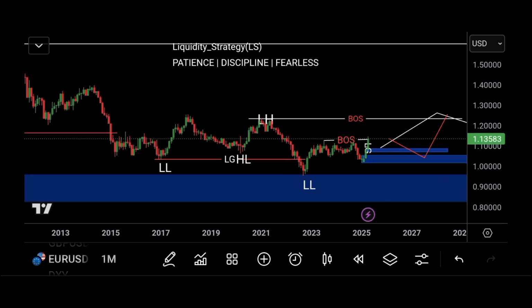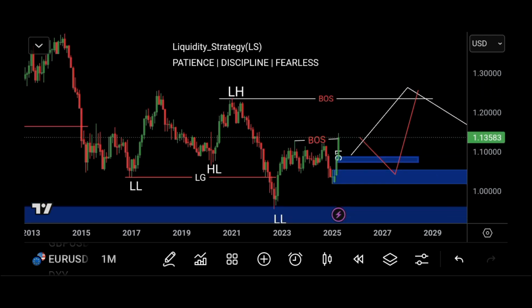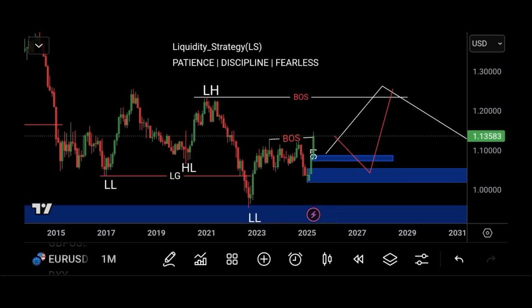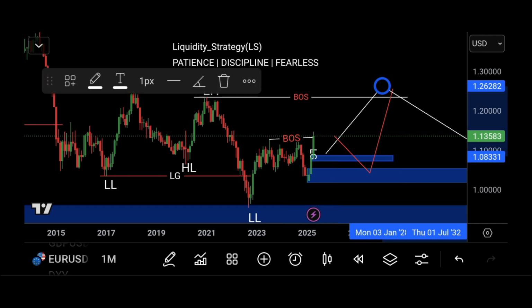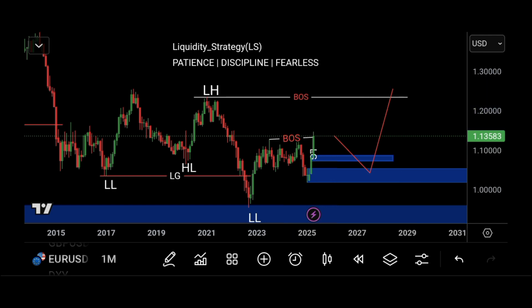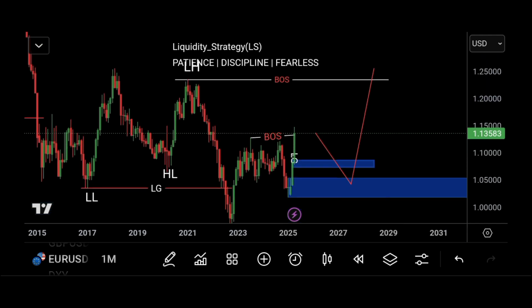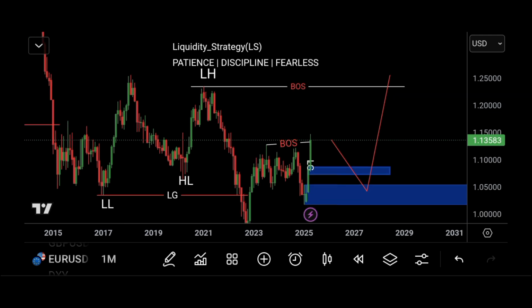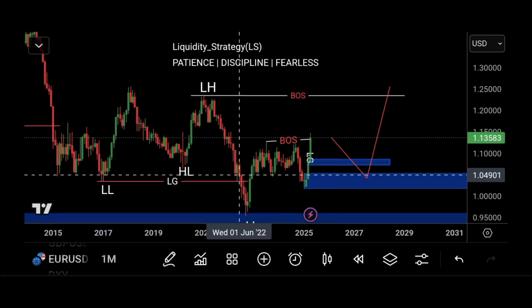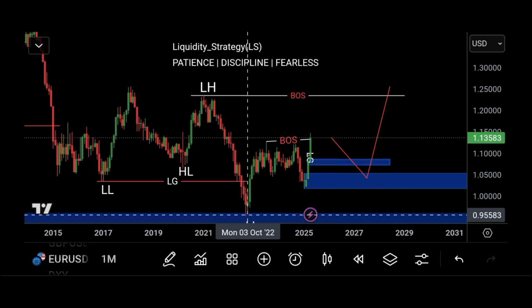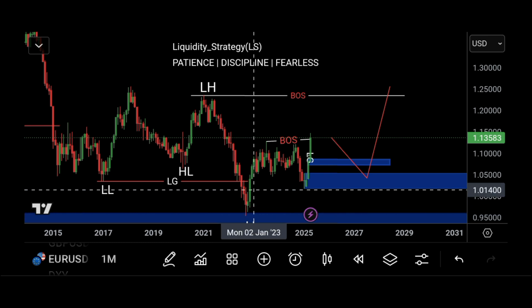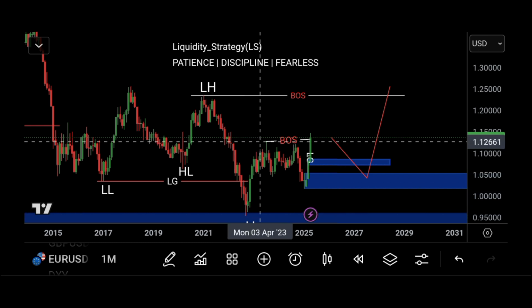On 1 month, let me delete all these things. Since market advanced to this demand zone on yearly time frame, you're expecting a bullish structure. As you can see what happened here, we have this lower high here.